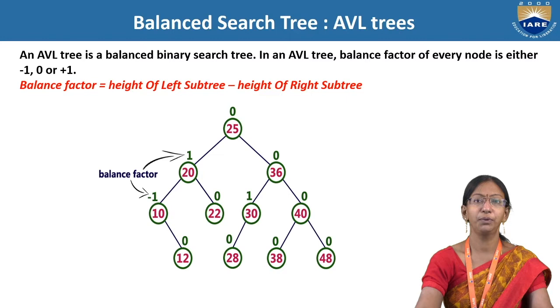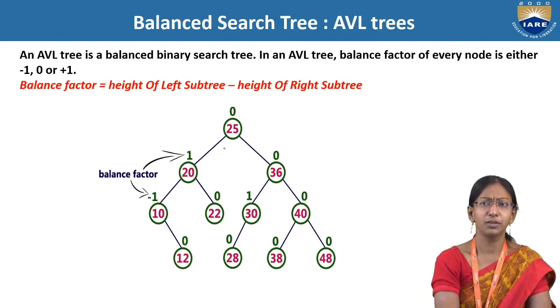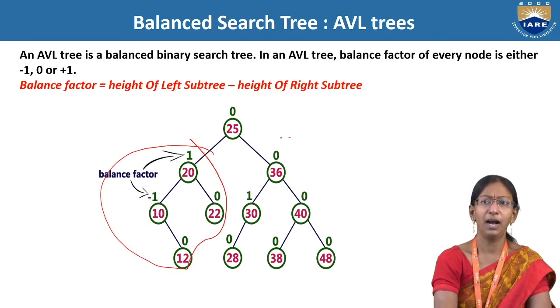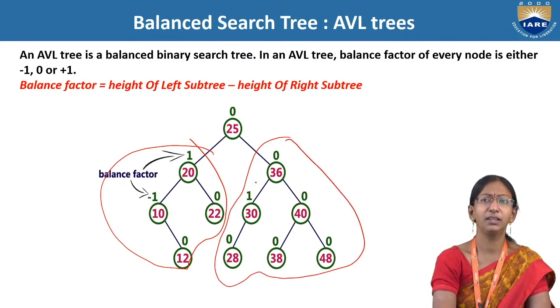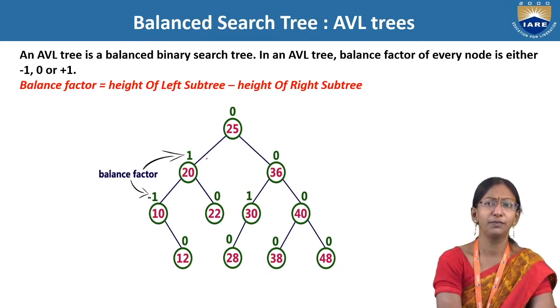Have a look at the example which I have given over here. 25 acts as the root, and this is the left subtree and the right subtree. The left subtree is headed by 20 and the right subtree is headed by 36. What will be the height of the left subtree? 1, 2 and 3. So 3 is the height of the left subtree. Coming to the right subtree, 1, 2 and 3. 3 is the height of the right subtree.